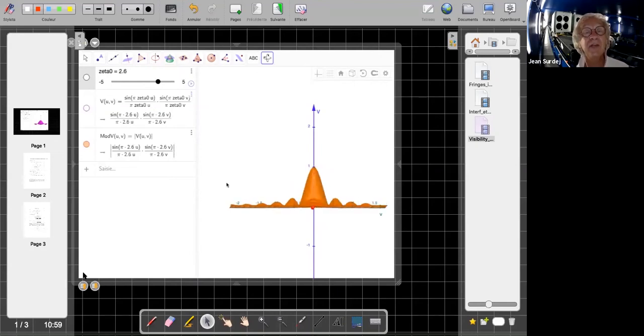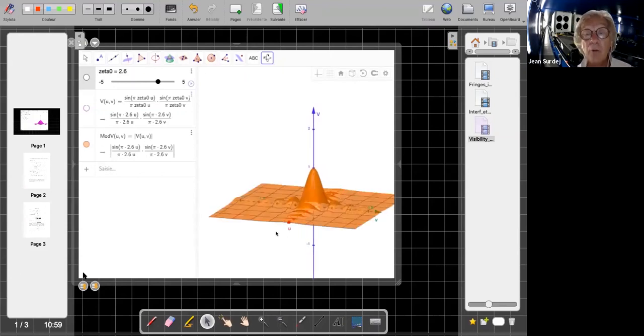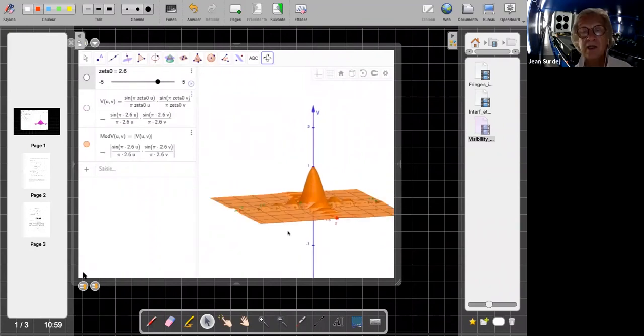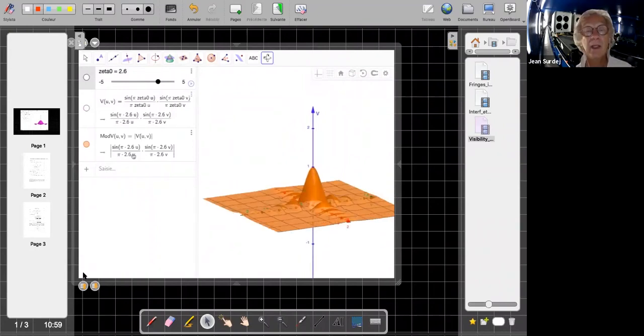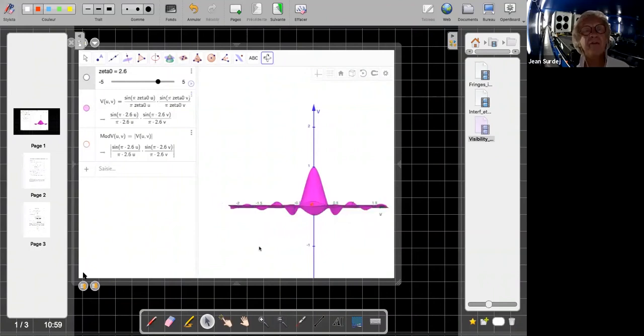I increase it to a larger value, and then we see more side lobes in the complex degree of mutual coherence. And in a moment I will show again the module, and we see that it gets null whenever u or v is the inverse of zeta 0.